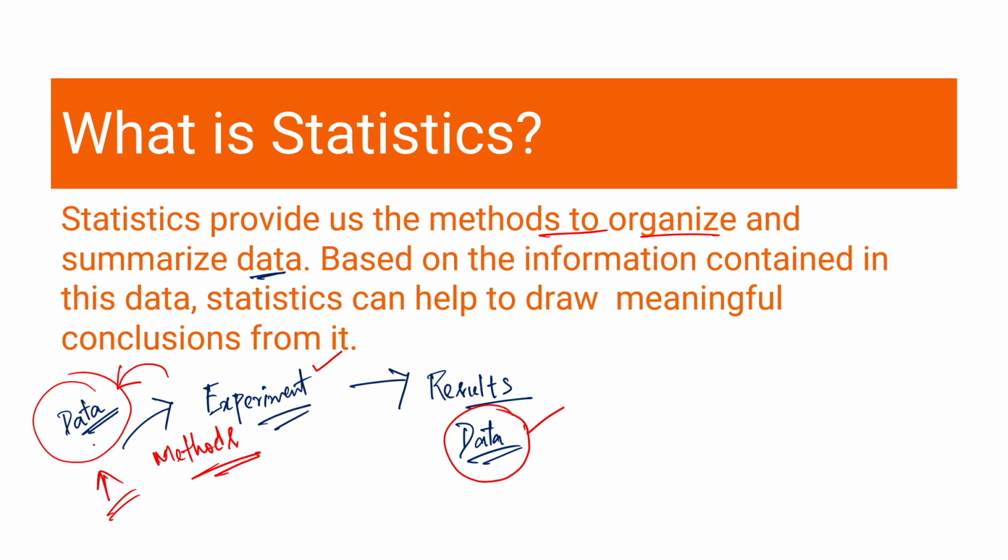So based on the contents of this data the methods will be determined. All right, so statistics is the whole process that controls how you are going to proceed with your further experiments.